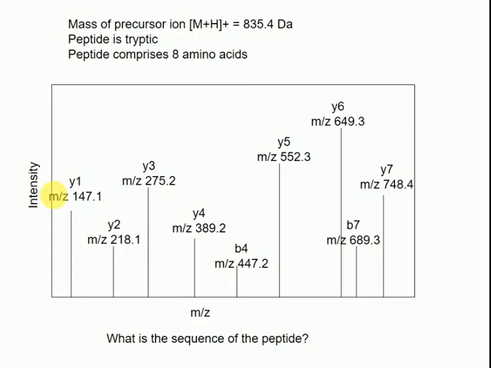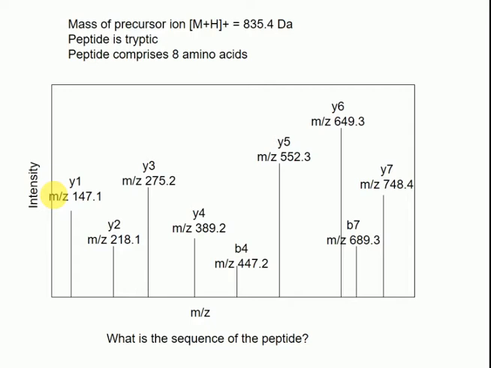If we want to work out what's in the first position here, we look at the mass difference between the intact precursor, which is 835.4, and Y7, which is 748.4. Is that right? Yeah, okay.